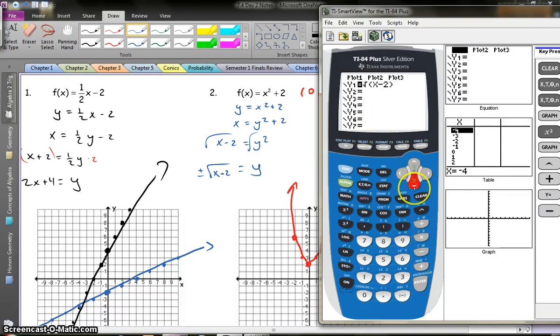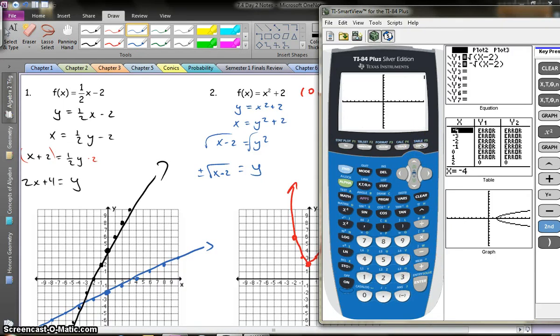And then in y2 I'm going to put negative square root of x minus 2. And I'm going to graph that.